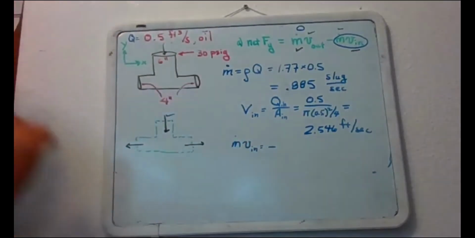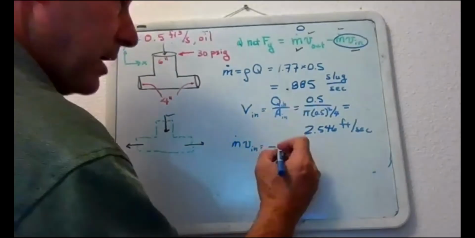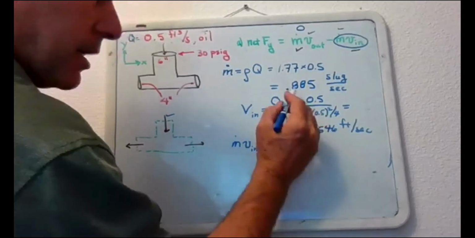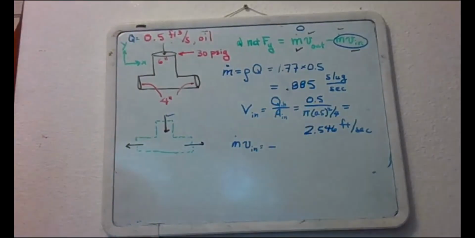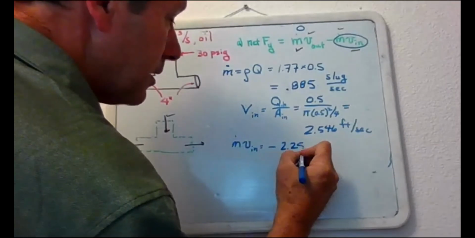So I'm going to write that out really quickly. Negative 0.885 times 2.546. I can do those just on my calculator. 0.885 times 2.546, and I get 2.254. I'll just do it as negative 2.254.